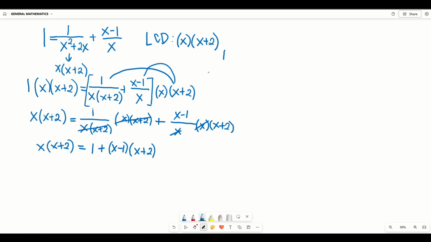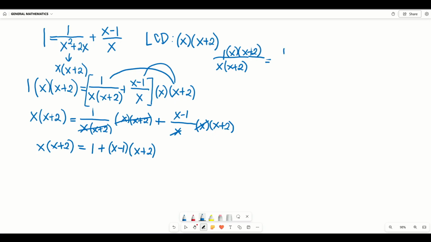And ang goal natin is to make the denominator the same with the LCD. So, since wala naman denominator sa 1, I can simply add si x times x plus 2 sa denominator. And since nag-multiply ako ng x times x plus 2 sa denominator, I also need to multiply x times x plus 2 sa numerator.